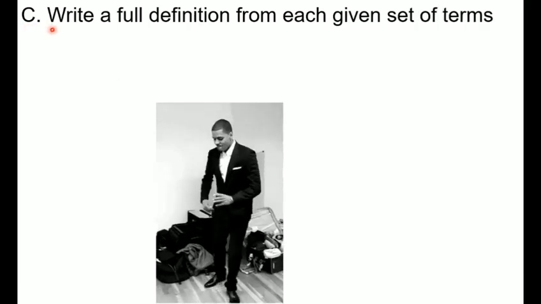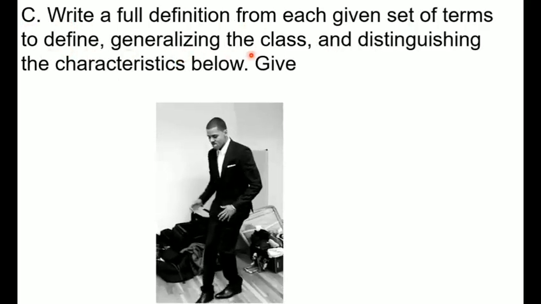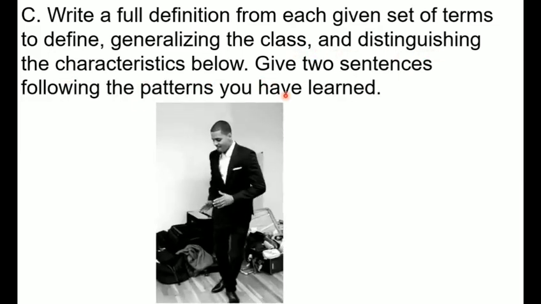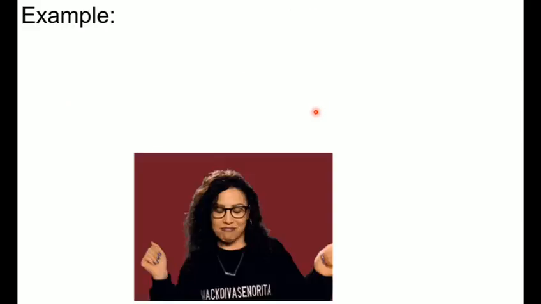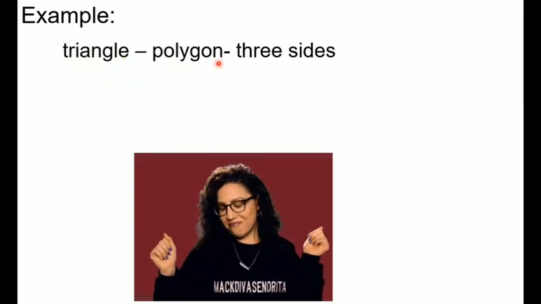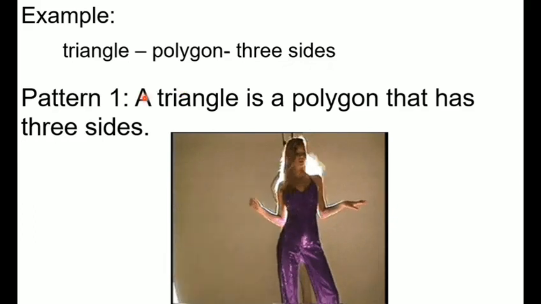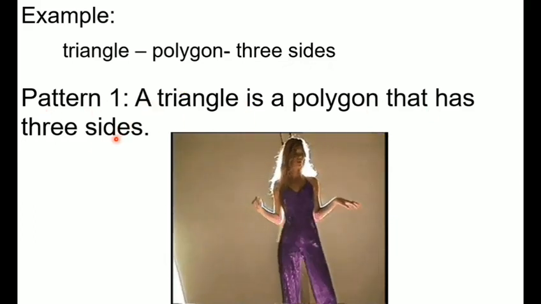And then part C. Write a full definition from each given set of terms to define, generalizing the class, and distinguishing the characteristics below. Give 2 sentences following the patterns you have learned. Alright. Be ready with your ballpen and paper. Example, triangle. This is the term. Polygon is the class. 3 sides is the distinguishing characteristics. Okay. Pattern 1, a triangle is a polygon that has 3 sides.